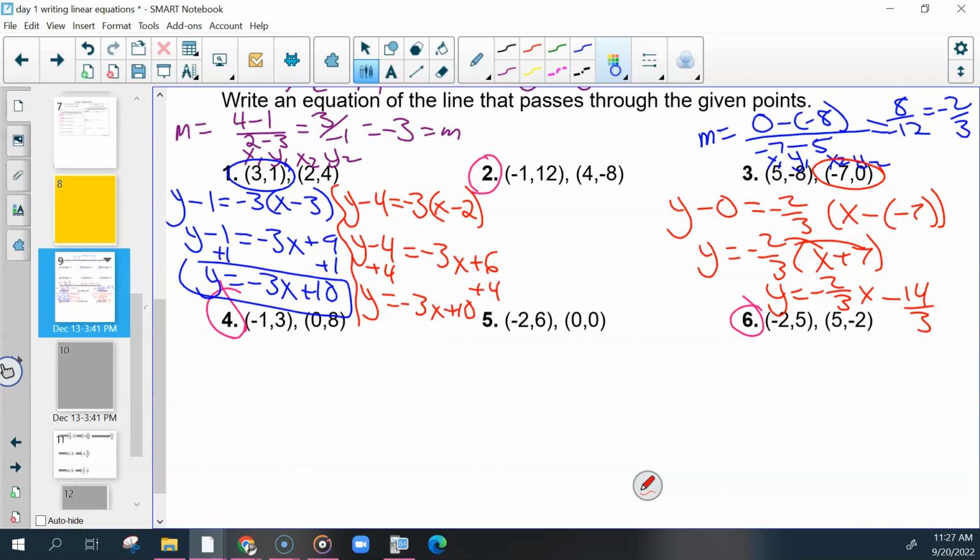So y equals negative 2/3 x minus 14/3 would be our final answer. So if we use the one that has a 0, we end up having fewer steps. Questions about that one?